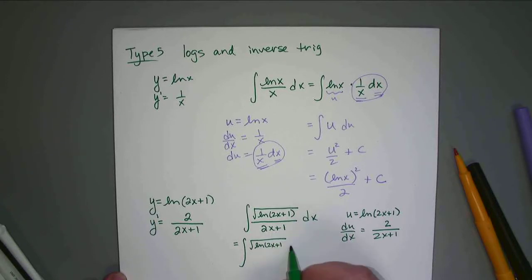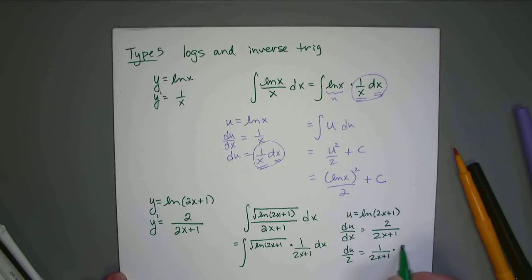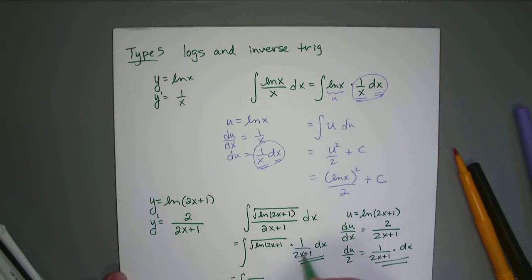This is the radical times 1 over 2x plus 1, and we can get that by rearranging. du over 2 is equal to 1 over 2x plus 1 times dx, and that's what we have. So if we rewrite it, we've got a square root here, so root u, we call the inside of that. It's a bracket to a power, so you could also see it as that type. This stuff drops off, and in its place du over 2.